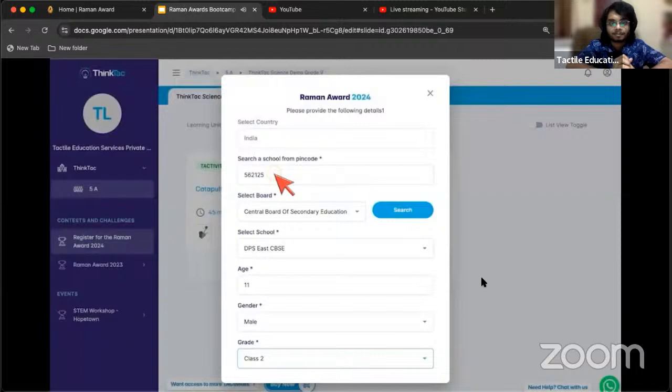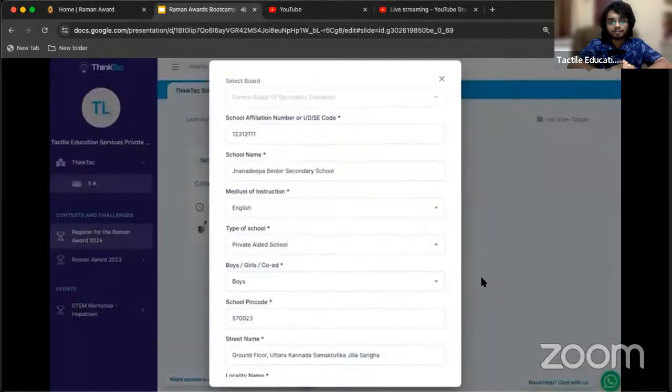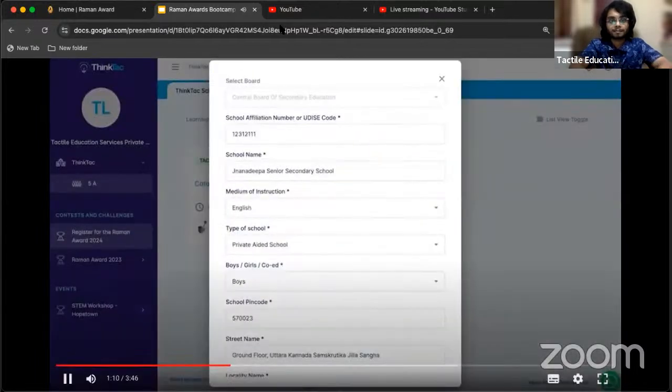First, enter the PIN code, select the board, and then click on the Search button. Then select your school. In case you're not able to locate your school, please click on the Add a New Institution button as shown here. Then fill out the registration form as shown in the screenshots here.